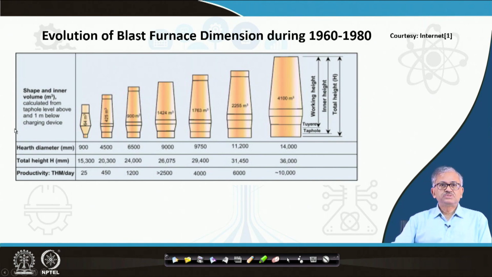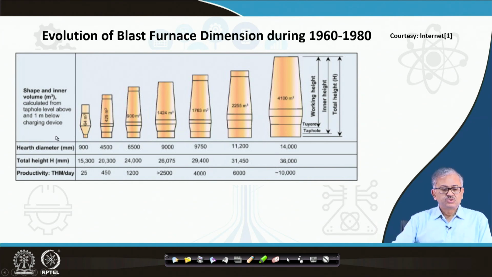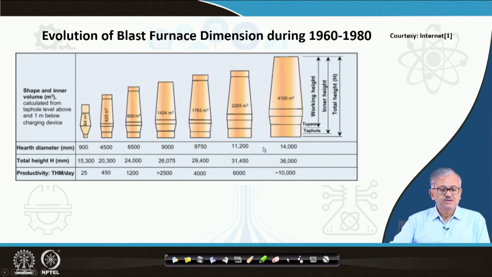Okay, and if you see the increase in the size, this is the hearth diameter. It is given in millimeters, so it has increased from 900 millimeter, that means 0.9 meter, to 14 meter. So the hearth diameter has increased significantly, while the height has also increased from 15 to 36 meter, around 2 times.